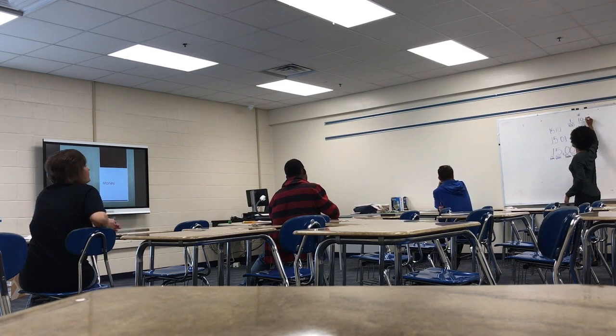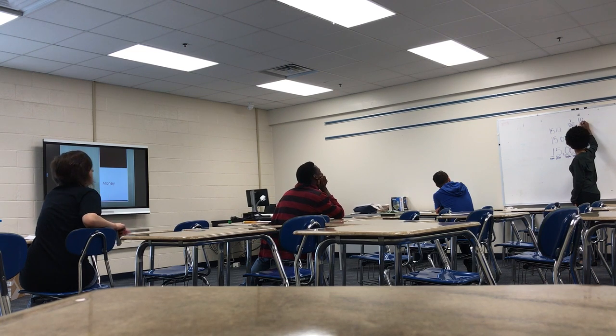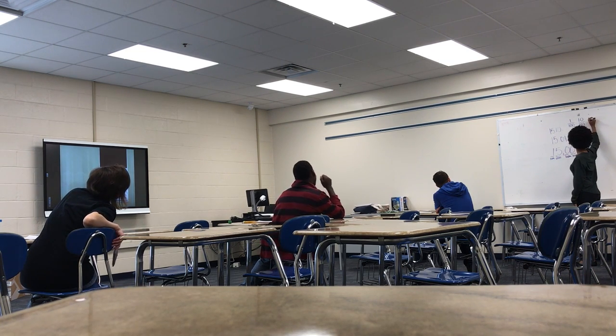Alright, we're trying to make $1, so 100 pennies make $1. So we put that over 100, because we're trying to get to $1. If we're still trying to get to $1, what should our denominator be? Not 1,000, but what? 100. Say it confident. 100.